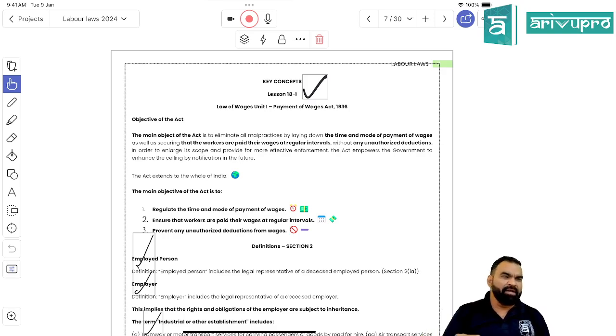Now, if there would be a delay in payment of wages, maximum permissible fine is, I think, 1500 rupees, right? 1500 to 3000. And if you make the payment of the wages before the disposal of dispute, the maximum permissible fine would be 2000.